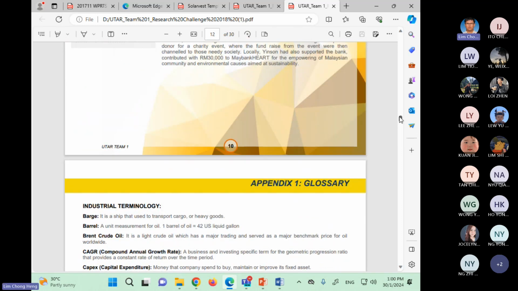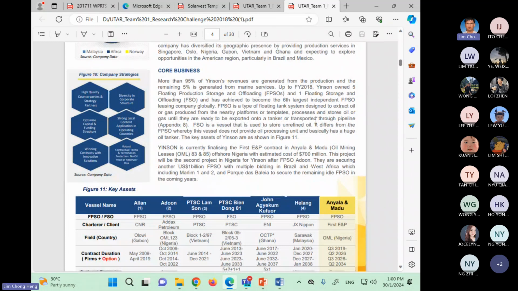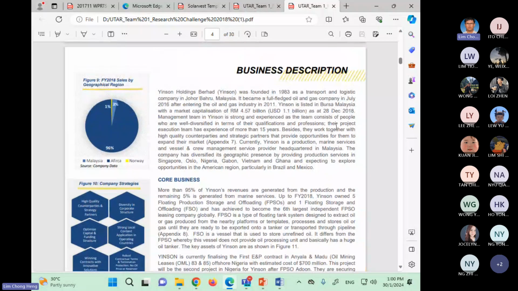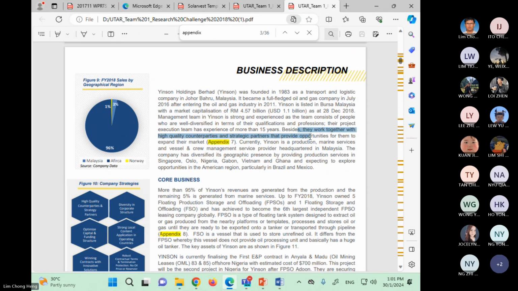So I let you see some examples. Okay, that appendix 7, let me see what is appendix 7 first.